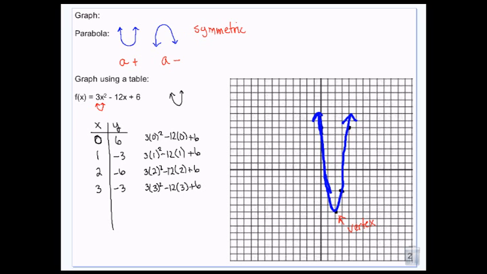How many places did you go over the top part? 2, because if you look, here's the line of the vertex, and so I go 1, 2. Okay, and just be sure that this is a U, not a V. That's really important because a V is for absolute value, so it's a totally different graph.